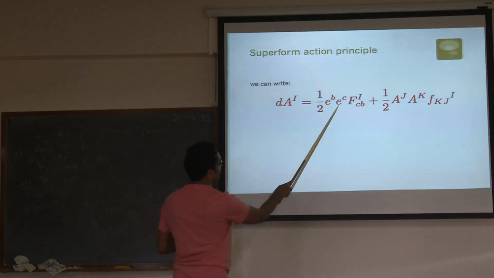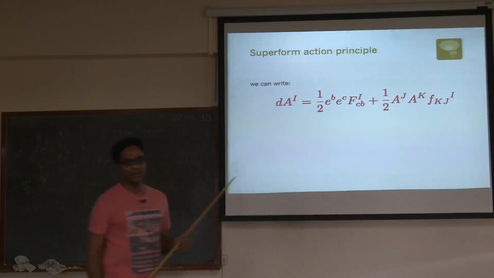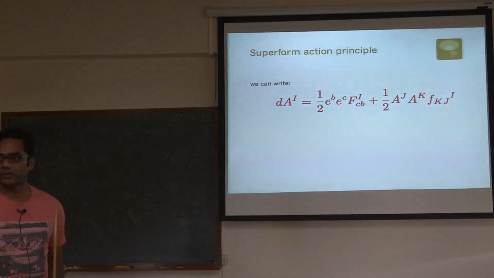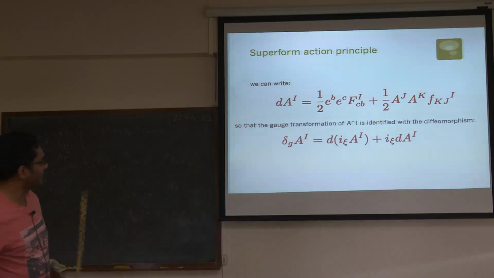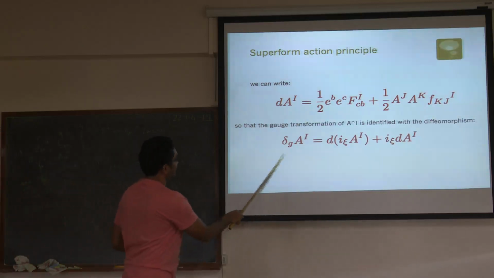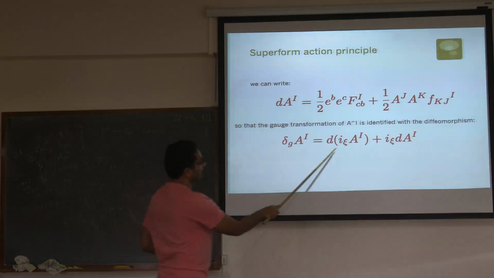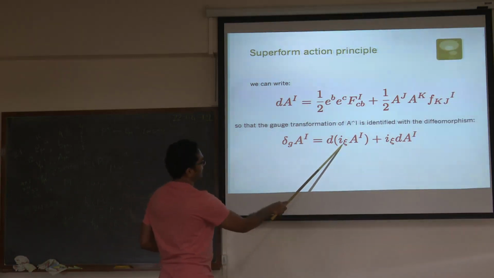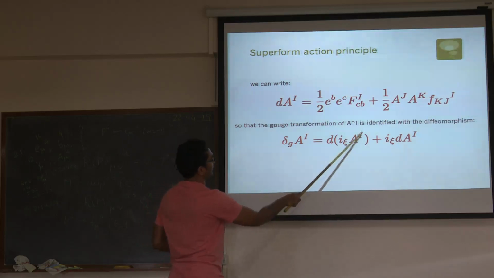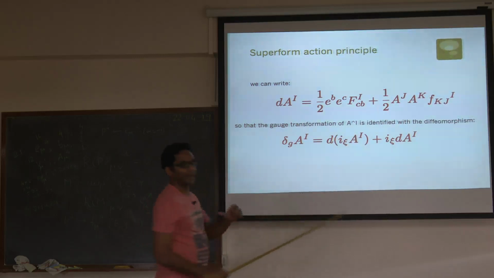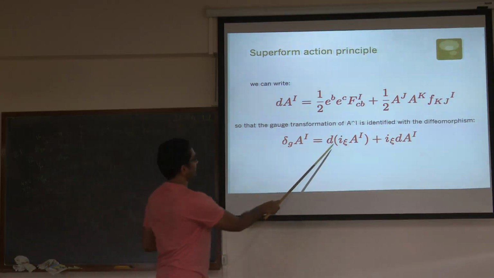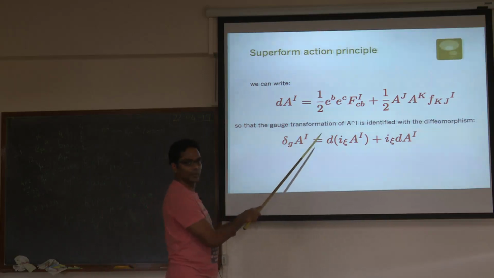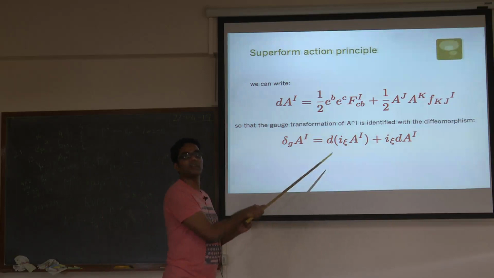And if you restrict yourself to the interior product along the gauge transformation parameter, you can easily show that the gauge transformation of this A^I is nothing but this, where this interior product is along the gauge transformation direction. So this interior product of A^I had a diffeomorphism and a gauge transformation. If you just take the gauge transformation part, you will obtain the gauge transformation of A^I. If you take the diffeomorphism part, you will obtain the diffeomorphism of A^I.